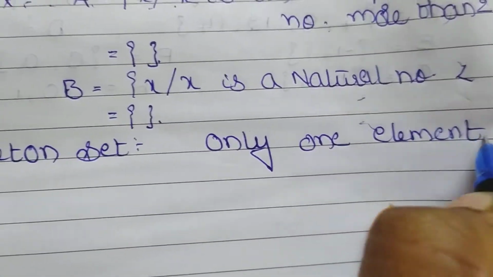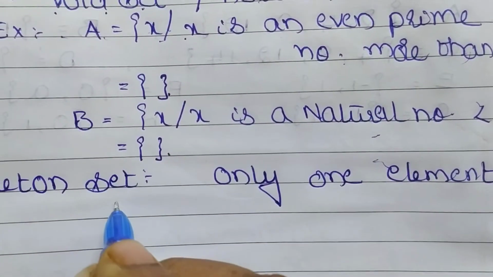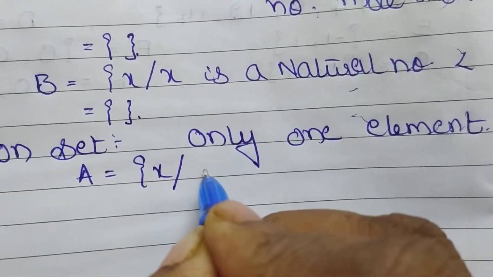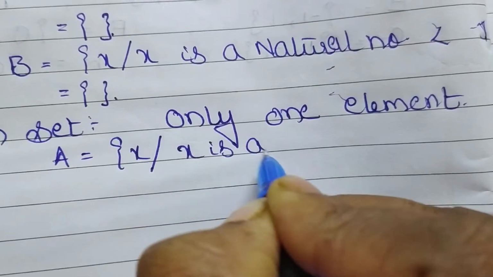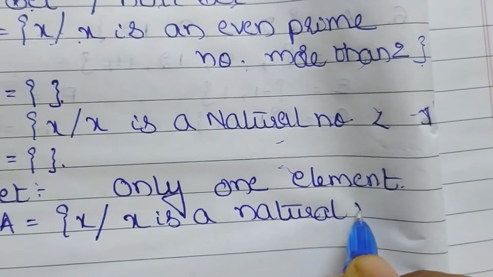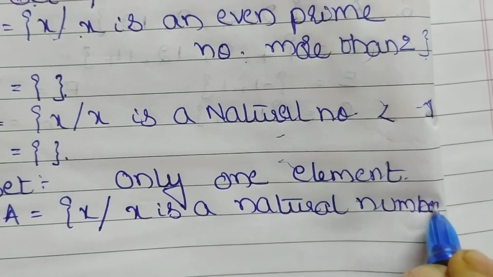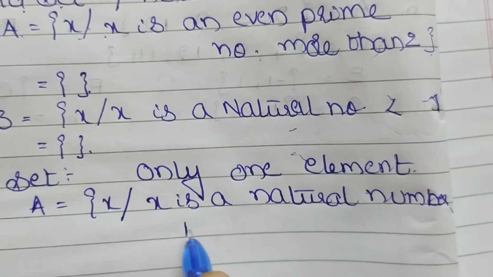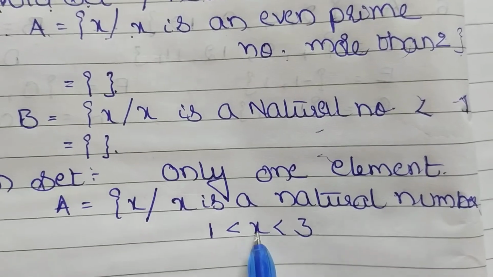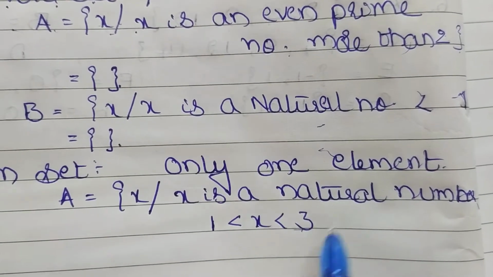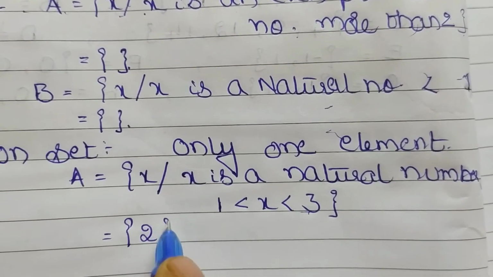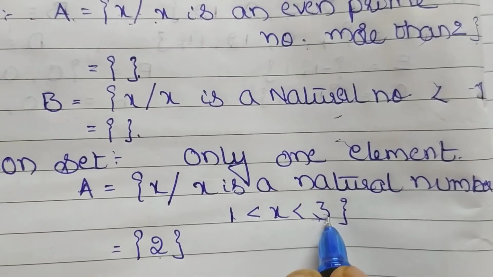So let us take an example: A equals x such that x is a natural number such that 1 less than x less than 3. So x is a natural number which lies between 1 and 3. What will be that number? It is 2. 2 is the number which lies between 1 and 3.